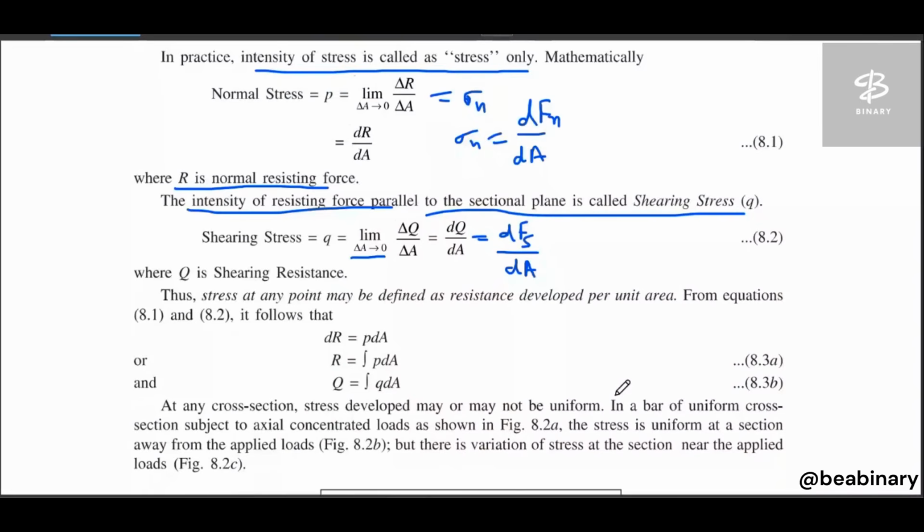So stress at any point may be defined as the resistance developed per unit area. This is the basic concept regarding stress and strain.